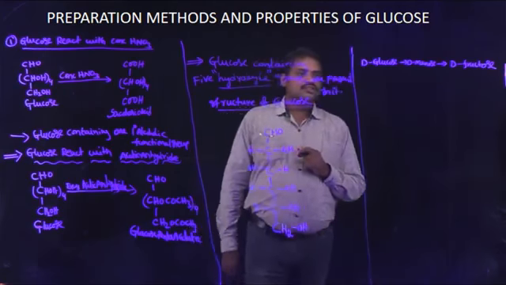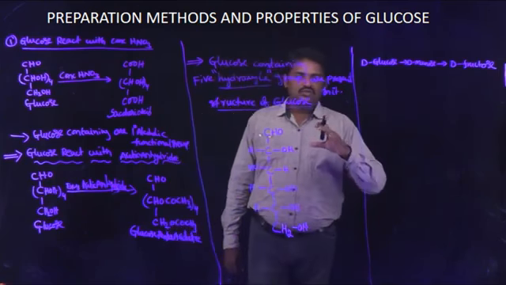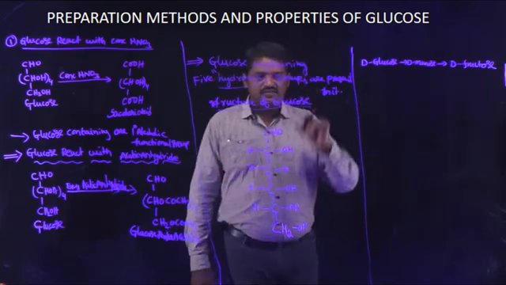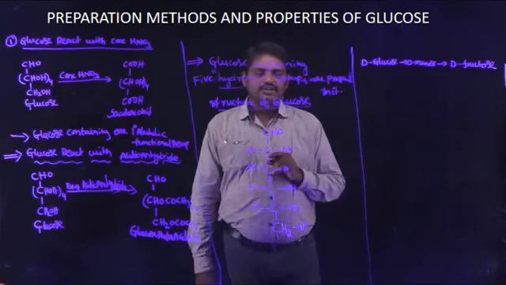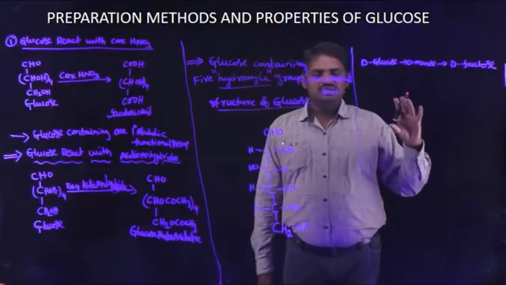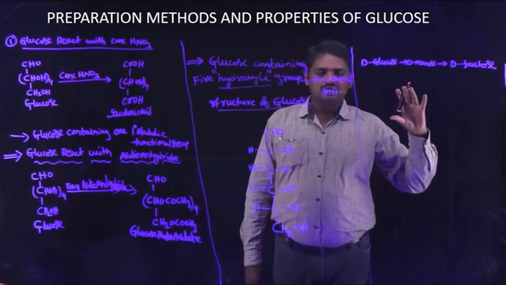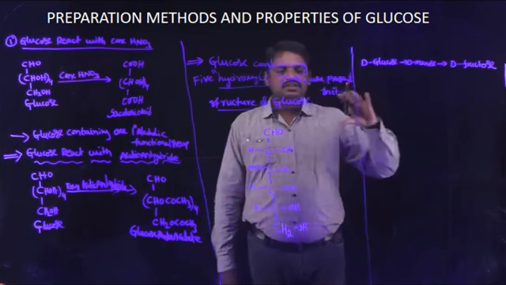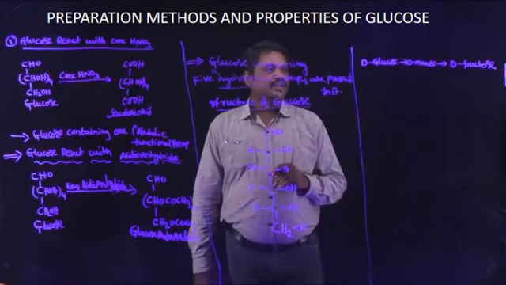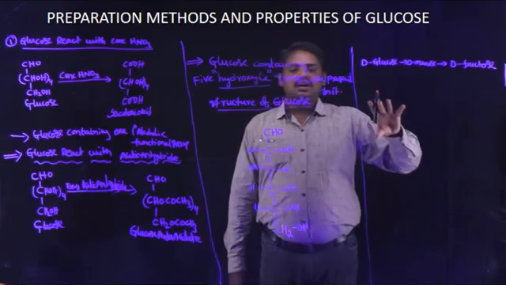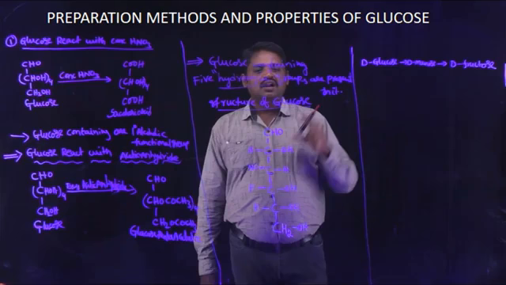Okay, students, these are similar to glucose structures, but a slight variation is there. All these molecules are monosaccharides. Structures are similar, but a slight variation is there. These are isomers. These 3 units are isomers.